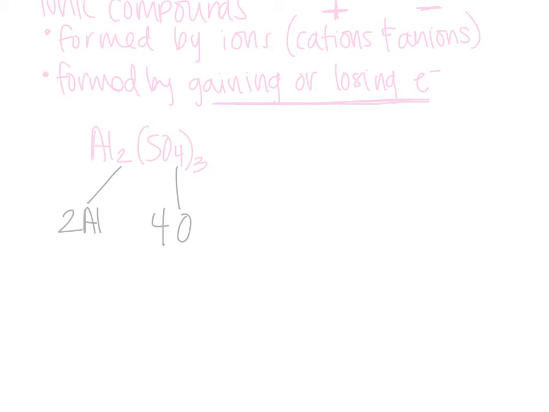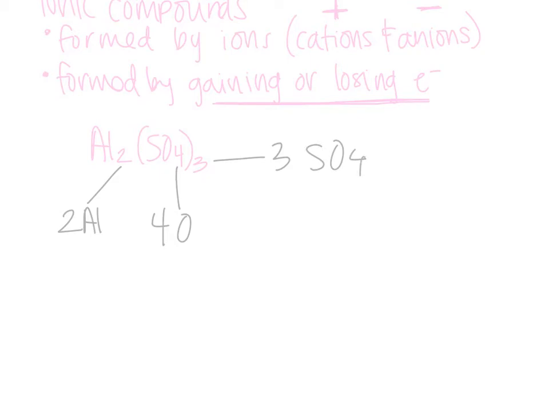It only applies to the atom it's right next to. And then this one outside of the parentheses applies to that entire ion right there, SO4. So this means there are 3 SO4s.